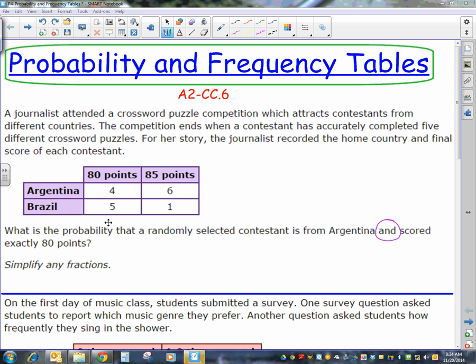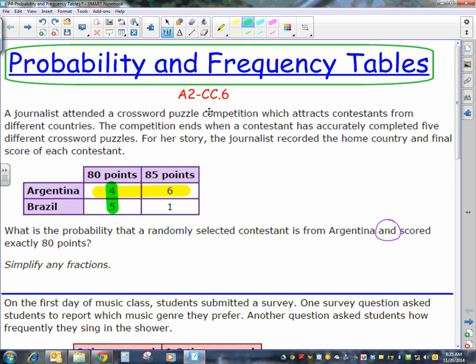Okay, so what's the probability that a randomly selected contestant is from Argentina? The contestants from Argentina are these right here. Okay, and they scored exactly 80 points. Now these are the people that scored 80 points.